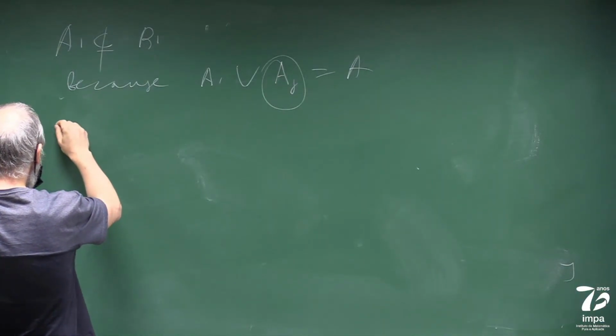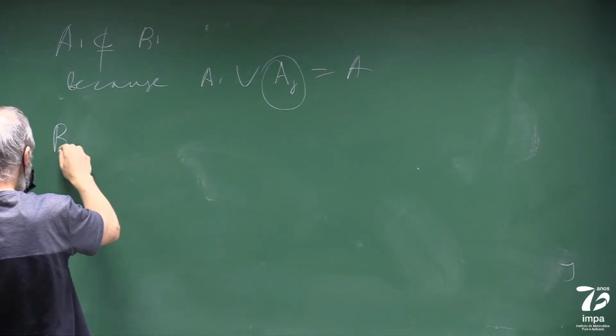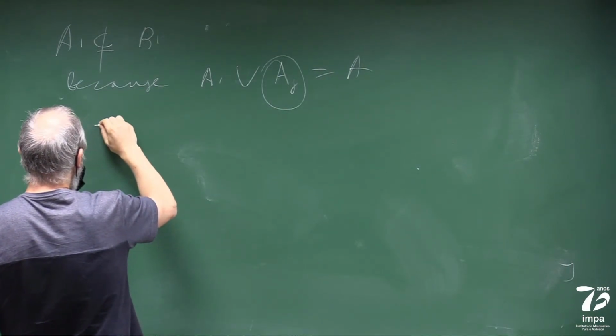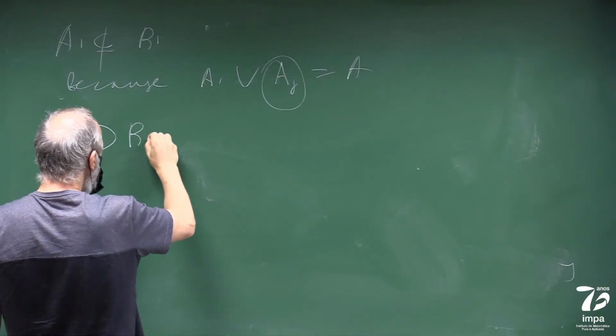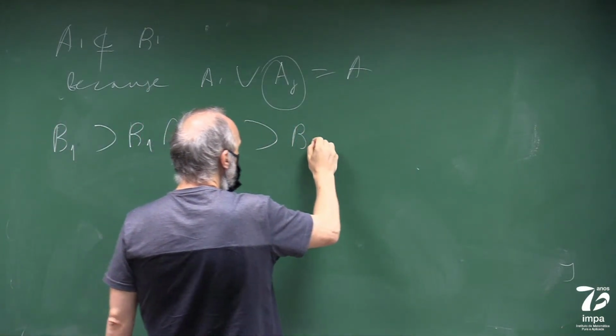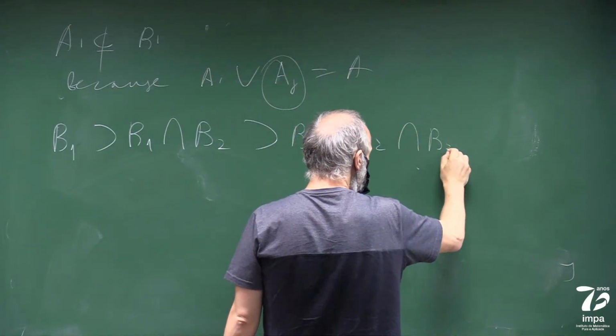Okay, now we have the descending condition we need. So you have B1 contains B1 intersected with B2, contains B1 intersected with B2 intersected with B3, and so on.